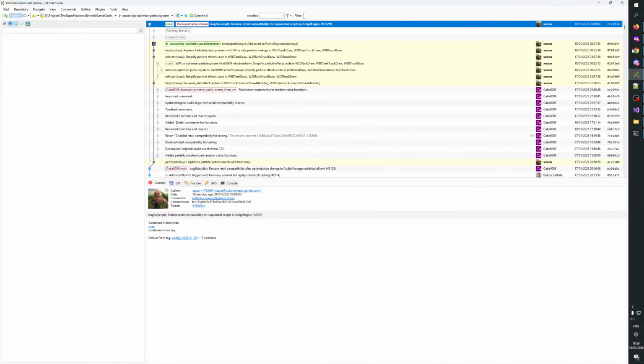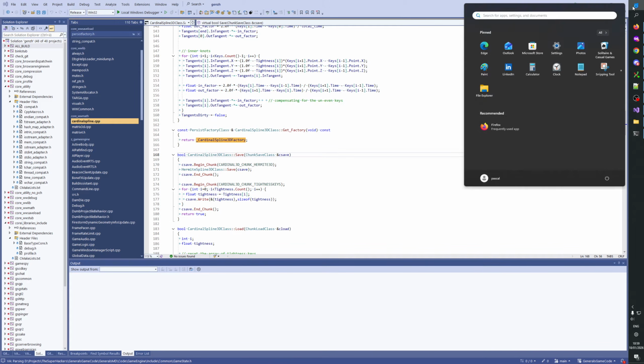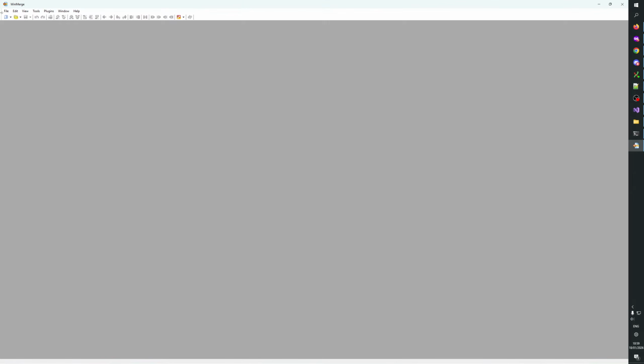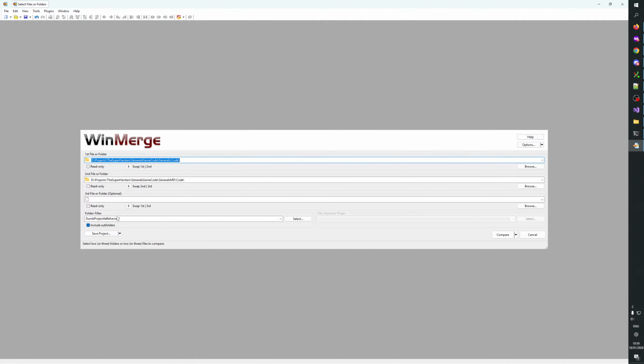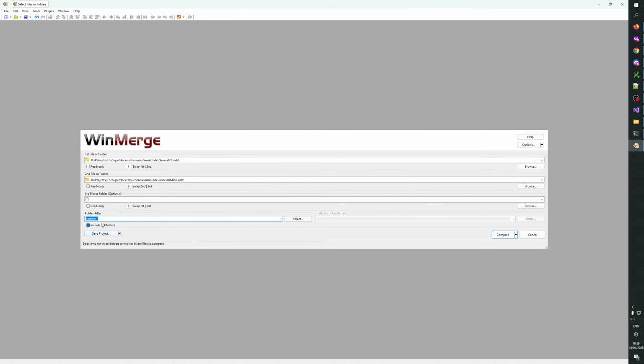Actually, maybe another change we should do first is merging particle system. Let me open WinMerge. Open. ParticleSys, I think.